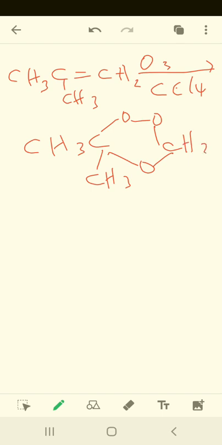So the three oxygen atoms come in between the carbon atoms containing a double bond.